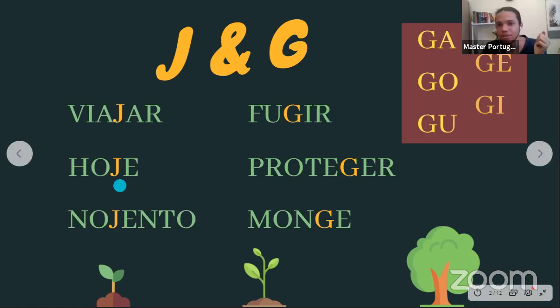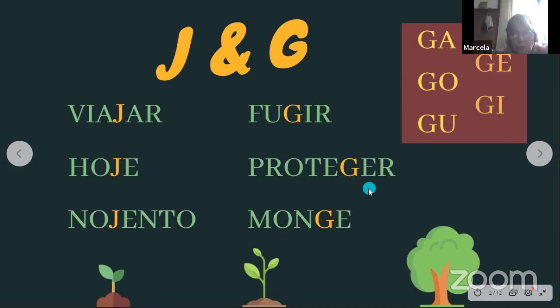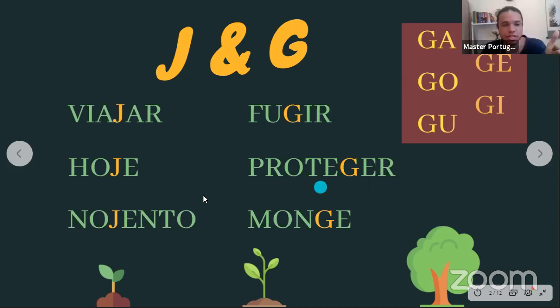So, hoje, proteger, nojento. Nojento means disgusting. And we are going to see this sound as well. Gen, en, very nasal sound.